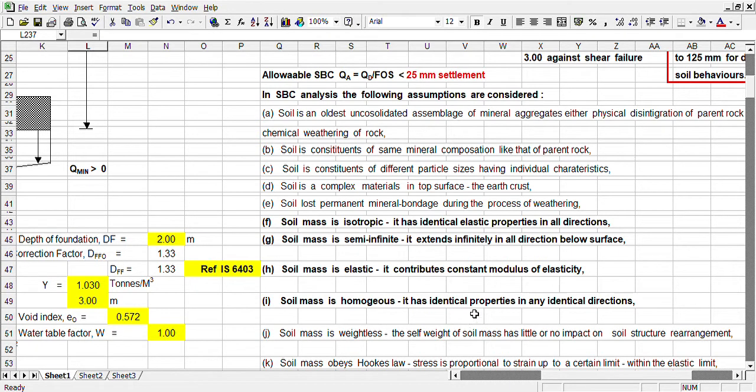We should not forget one thing. The soil mass is isotropic, semi-infinite, elastic, homogeneous. And soil has different meanings according to uses. To a geologist, soil is the unconsolidated soft weathered rock available at earth crust.